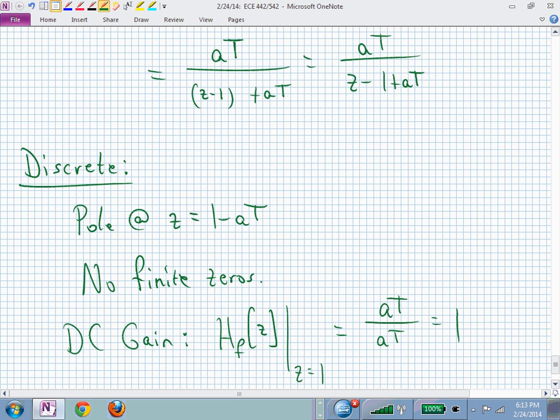We have a pole, one pole, no finite zeros. It seems like that's somewhat like h of s. It's now h of z. This is now a low-pass filter for a discrete time system, and you can find the difference equation for that very easily, can't you? You can now cross-multiply and find a difference equation relating x, the input, and y, the output.